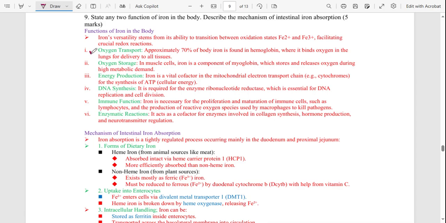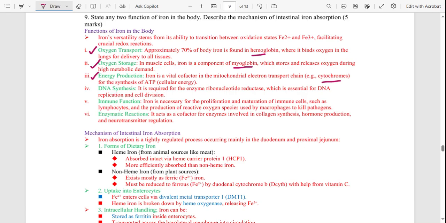So iron can transport oxygen because iron is a component of hemoglobin. Iron can store oxygen because iron is a component of myoglobin, which is found in muscle. Iron can also be used in energy production because it's a cofactor in the mitochondria for many enzymes like the cytochromes. Remember in biochemistry you learned oxidative phosphorylation and the electron transport chain.